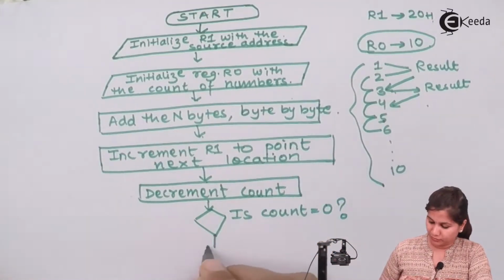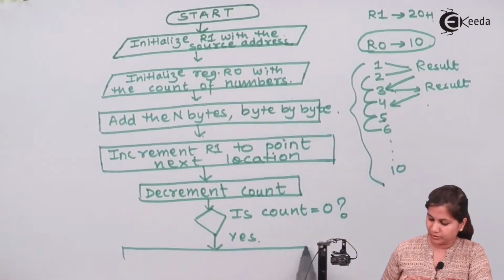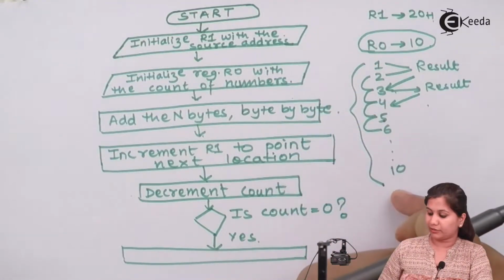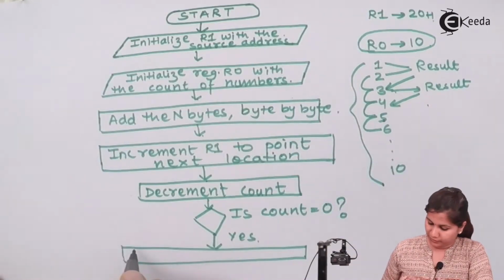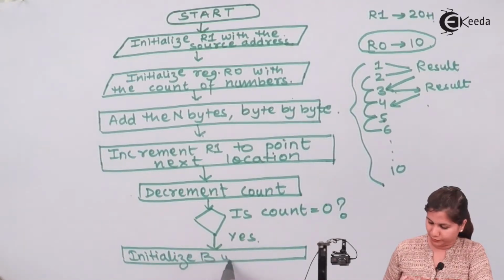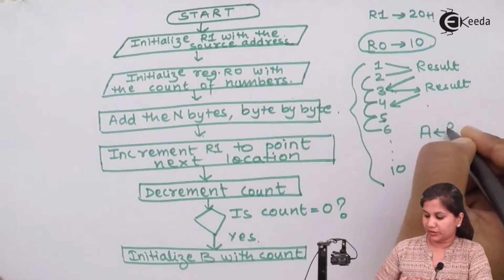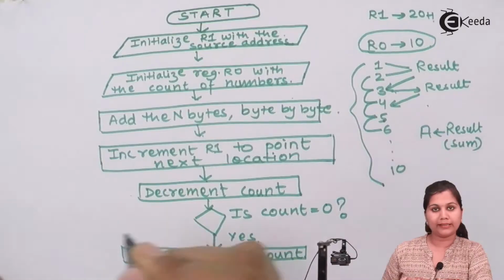If it is 0, then it means that all the numbers have been added and the result of this addition is in the accumulator. So we will initialize register B with the count. Because in the A register we have the result, that is the sum of n bytes.